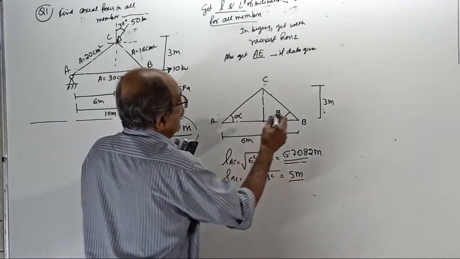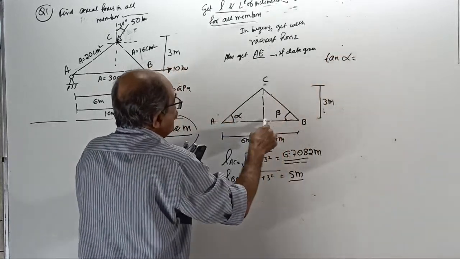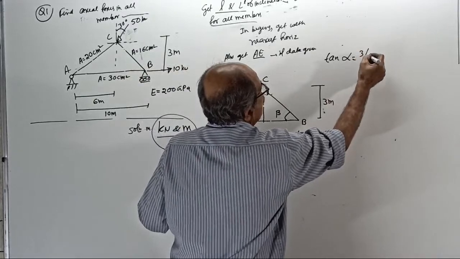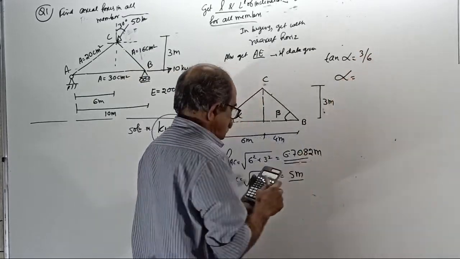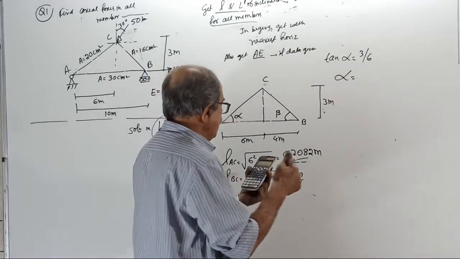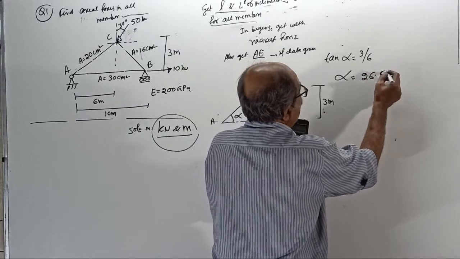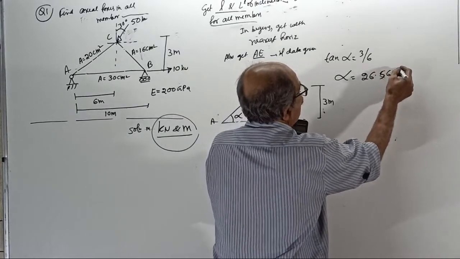Then tan alpha equals 3 divided by 6. Therefore alpha equals, this time in degrees, 26.565 degrees.